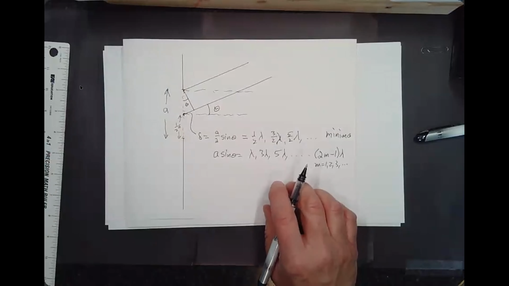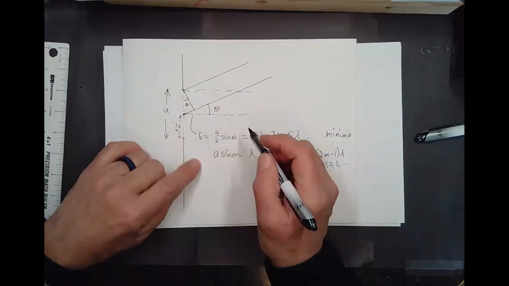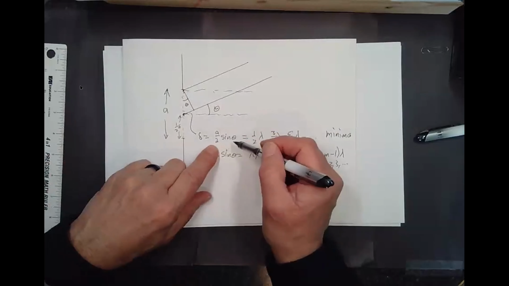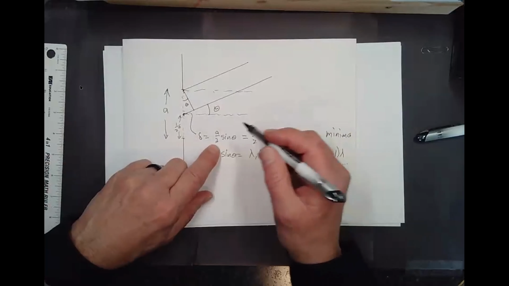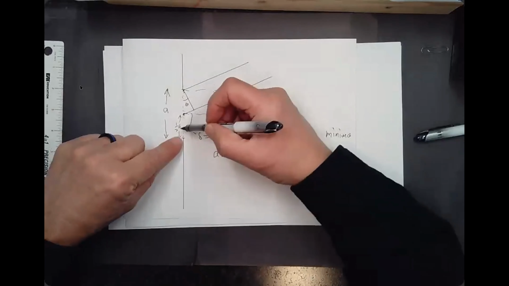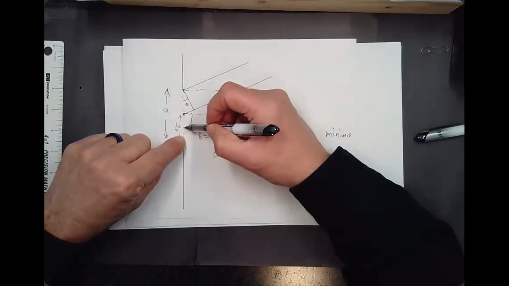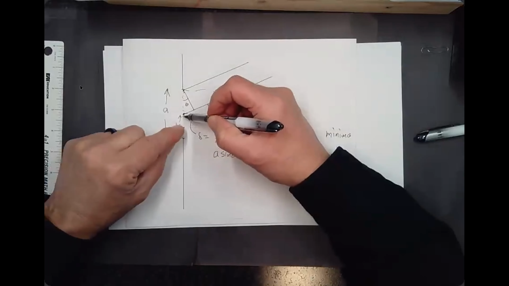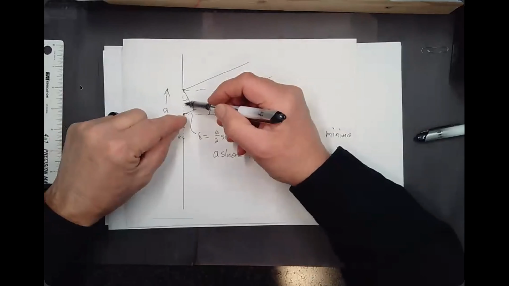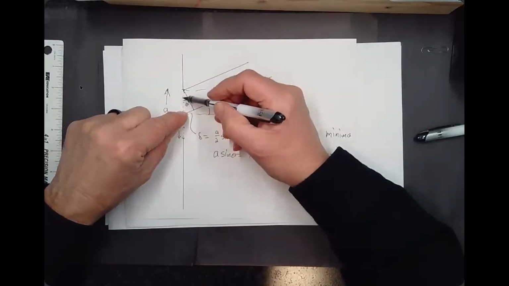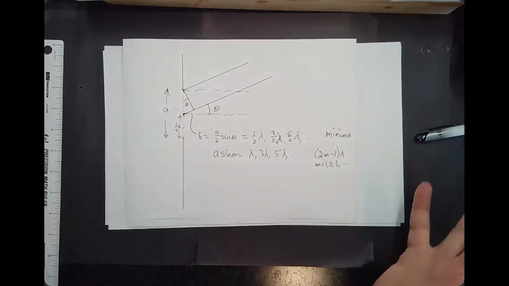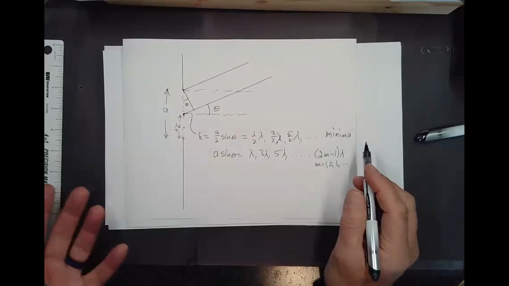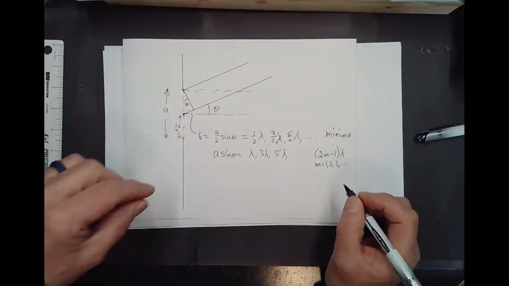I can divide it in fourths. So let's see what happens if I divide it in fourths. Instead of a over 2 sine theta equal to 1/2 lambda, 3/2 lambda, 5/2 lambda, I could do the same thing with fourths, and light from the bottom fourth would interfere with light from the next fourth up. Then the third fourth will interfere with light from the top fourth, and I'll get a minimum again, complete destructive interference.